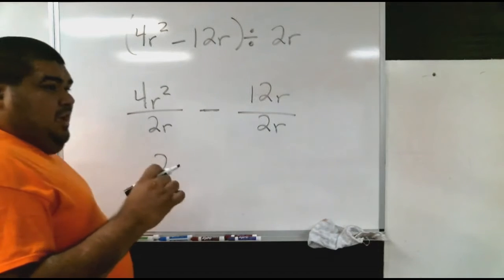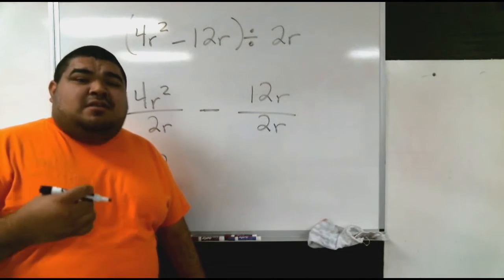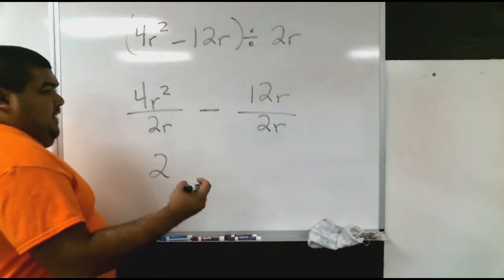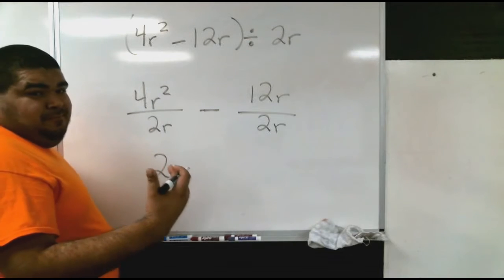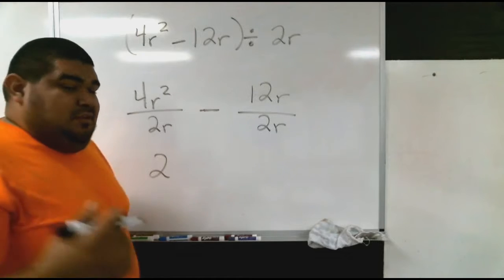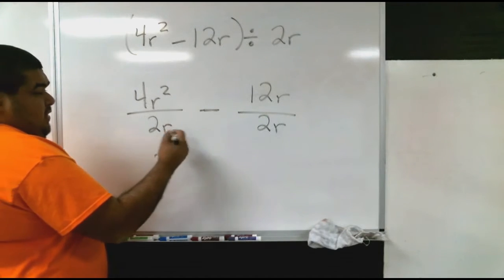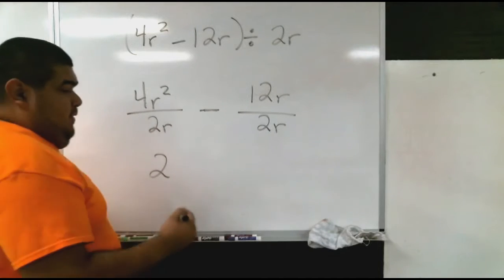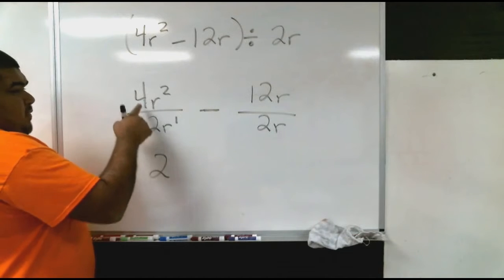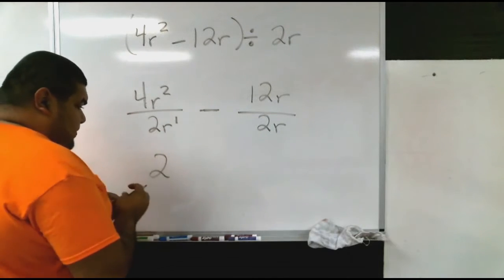Now, if you remember from a previous concept, when you're dividing numbers or variables that have an exponent, all you have to do to those exponents is subtract the exponents. Since there's no exponent next to this r, there's always a 1. So we will be saying 2 can go in 2 times, and then r to the 1.